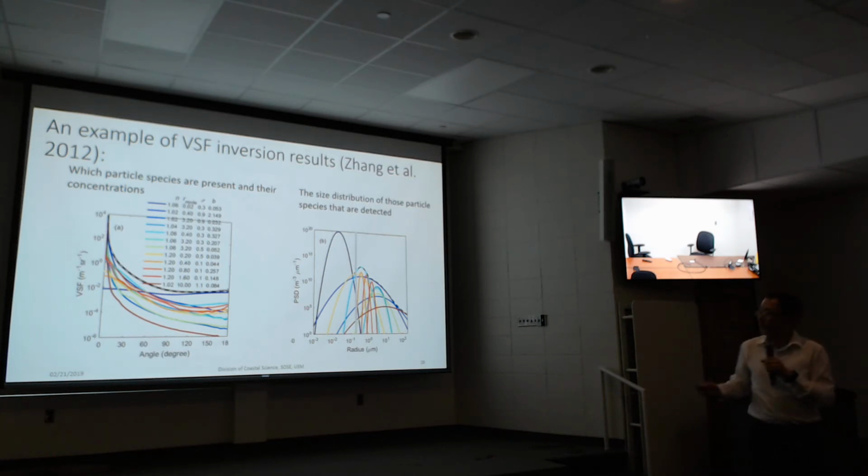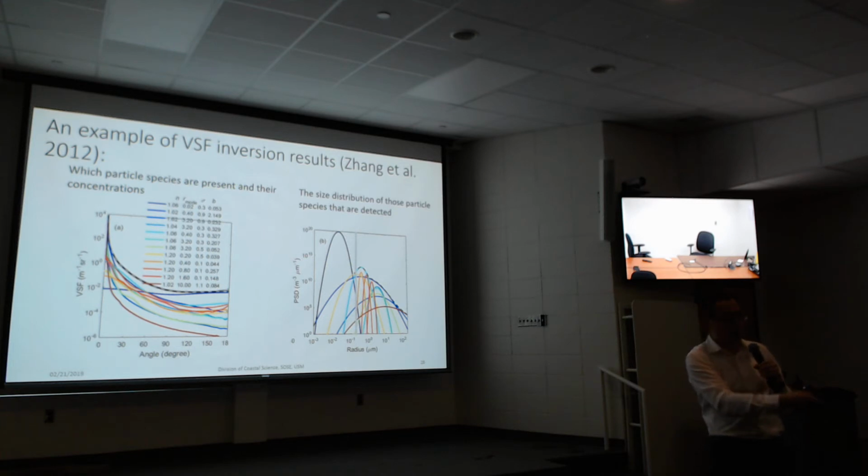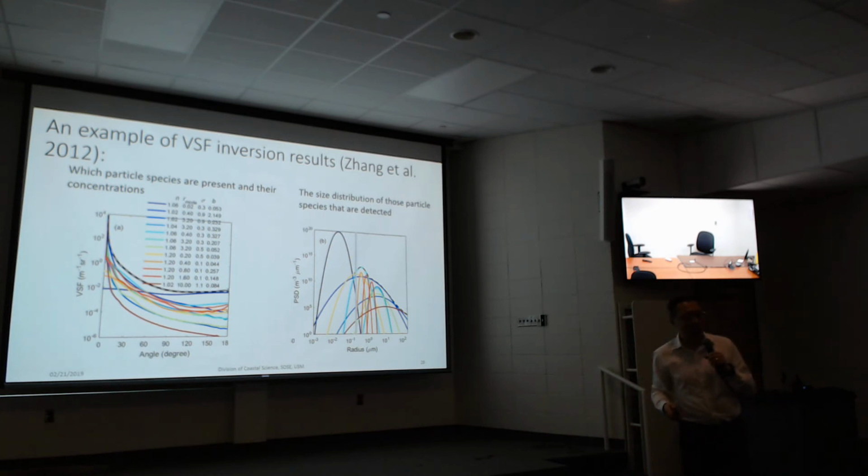And we can add all of the particles together, the size distribution of diatoms and the size distribution of different phytoplankton. When we add them all together, we get the total particle concentration at each size. This is called the particle size distribution.